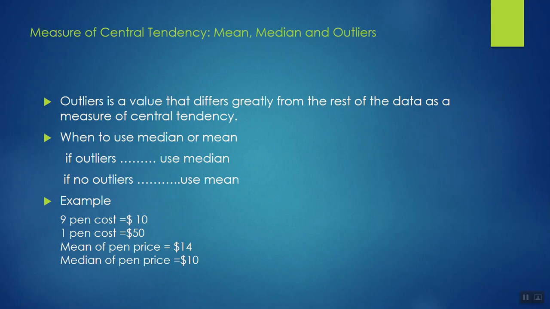This is an outlier, and it matters as a measure of central tendency.